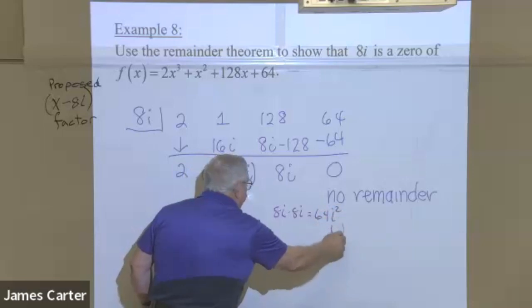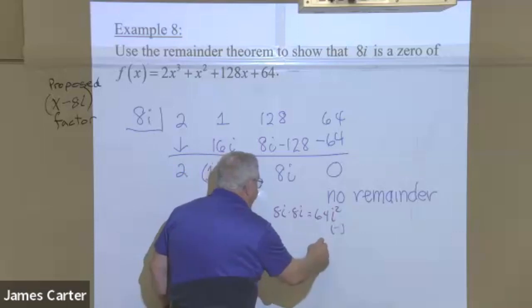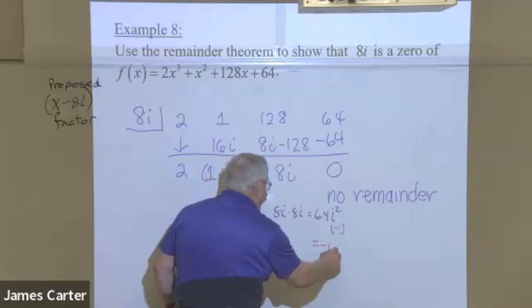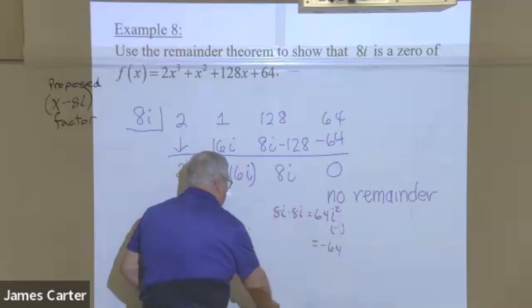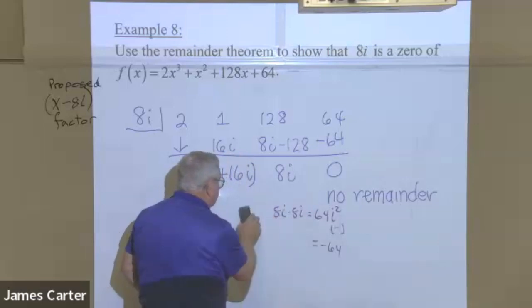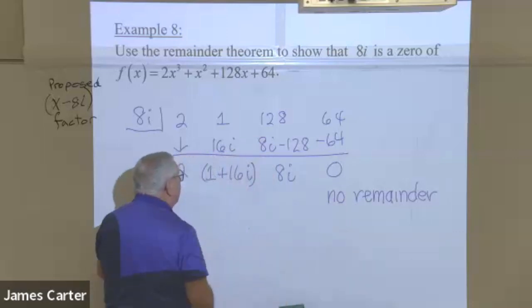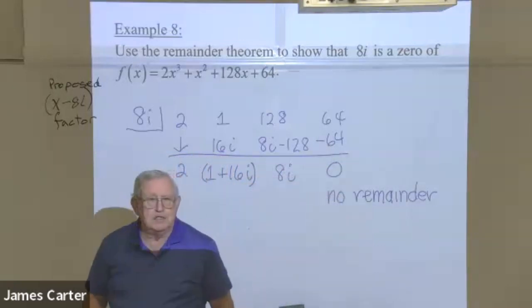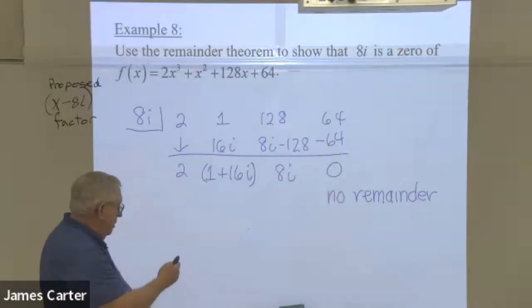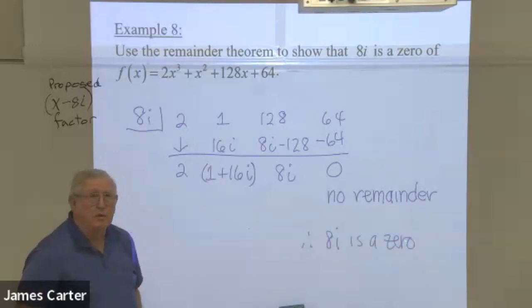The i squared once again equals -1, so these two together then equal -64. That's how I got that value. I add them, and wonderful, I get a 0 remainder. Since there is no remainder, that tells you that 8i is a 0.